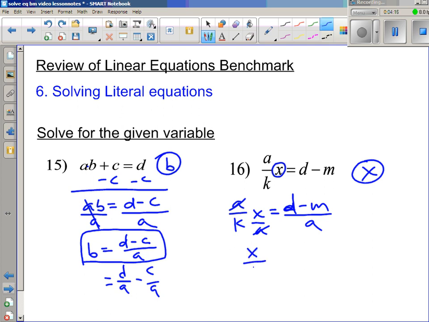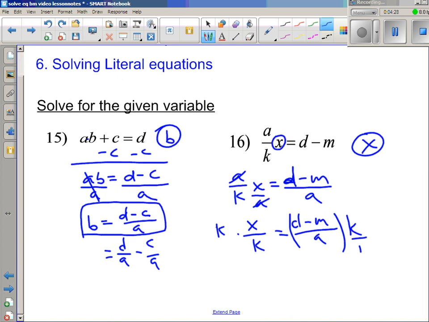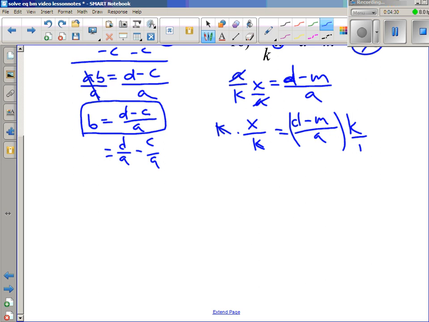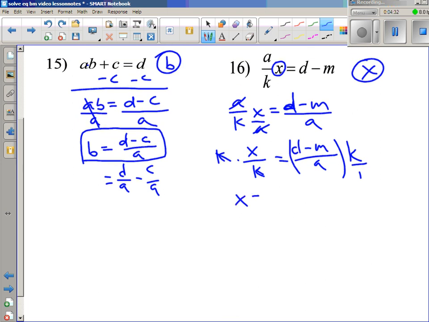That leaves me with x over k equals d minus m over a. And then I'm going to multiply both sides by k, or k over 1. And this will turn into x equals k times d minus m, all of it, over a.